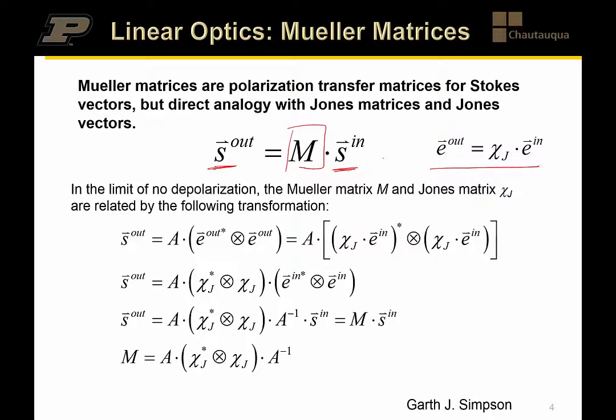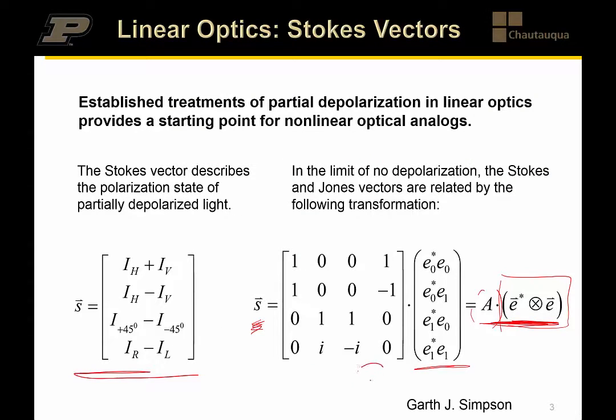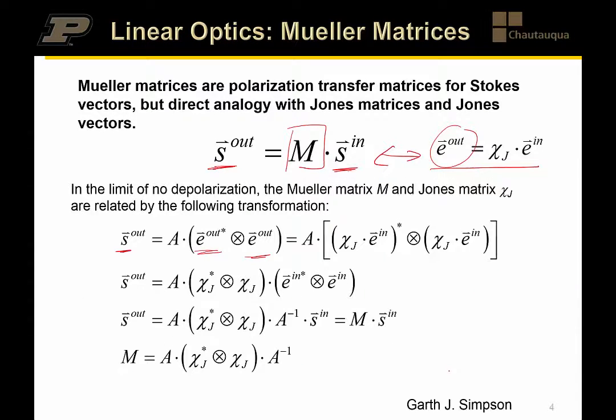And in that case, we want to find a way to bridge these two descriptions. And the way to do it is actually pretty straightforward. If we think of the Stokes vector and relate it in terms of the output fields, it's given by this expression, which we just got from the previous overhead. That's this equation right here.